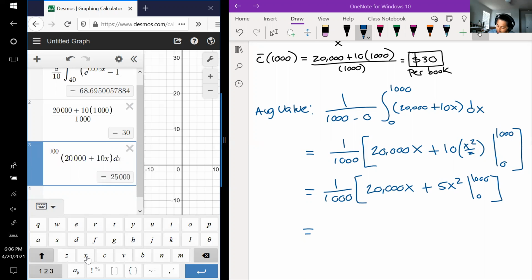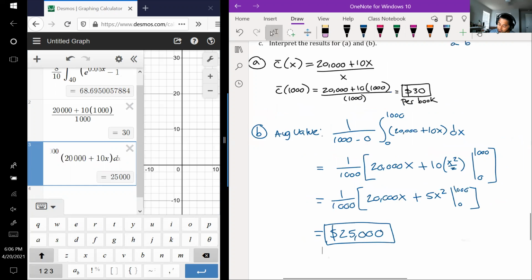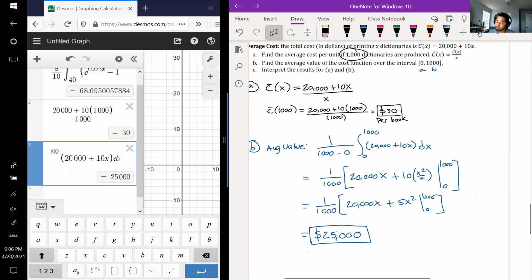And we're going to get that the average value of producing 1,000 dictionaries is $25,000. Okay, so this is the average value.